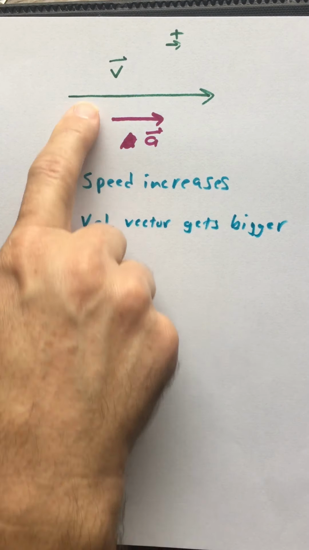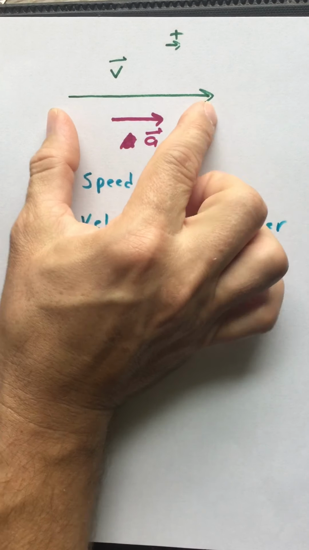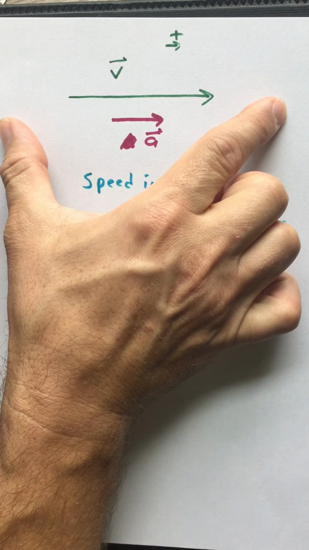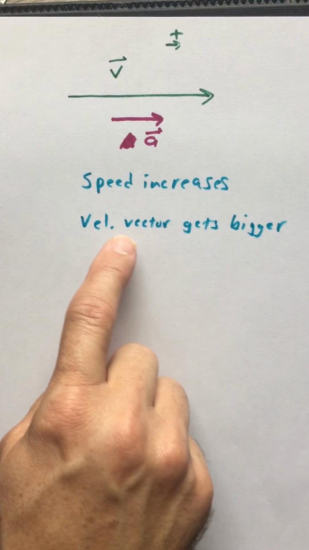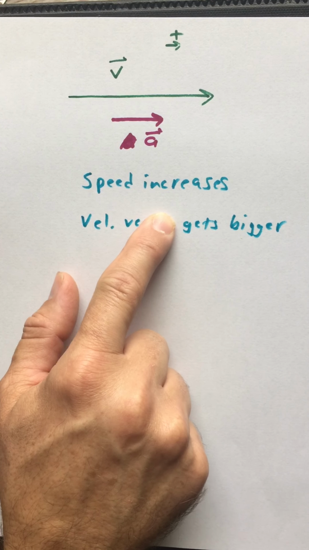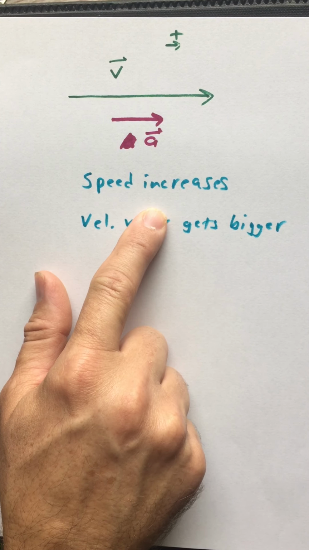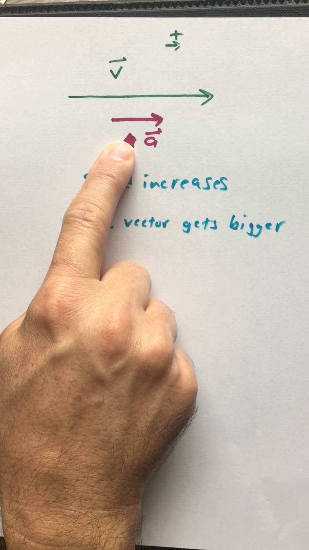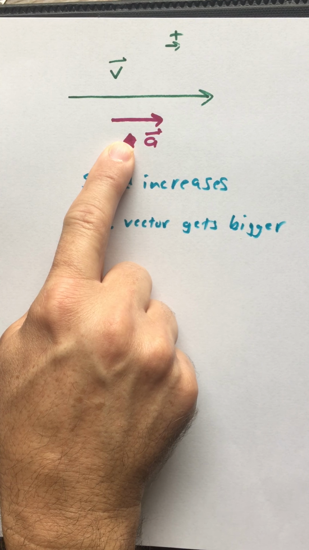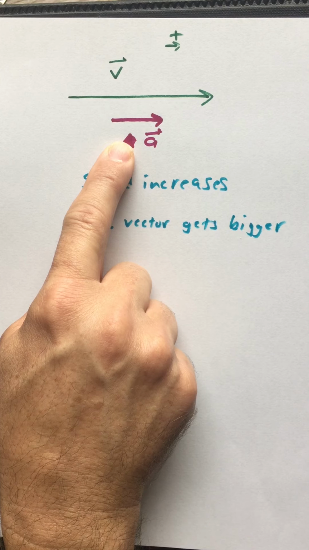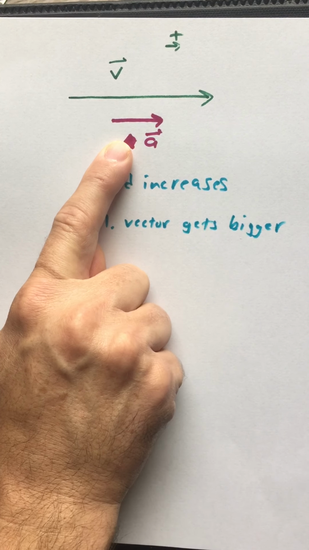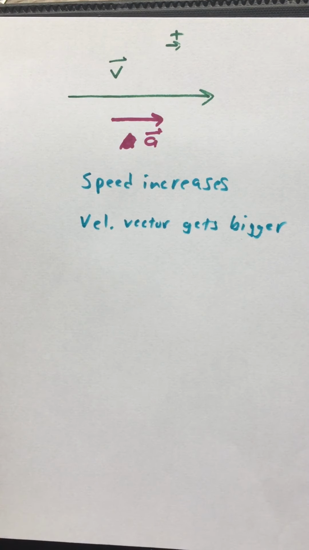The velocity vector is still going to be pointed to the right. It's going to increase in magnitude, which means this vector gets bigger. And if I'm talking about the speed, it is going to increase. This is what you do when you're driving down the highway and you need to pass somebody and you hit your gas and you speed up. You're applying an acceleration in the same direction as your velocity.